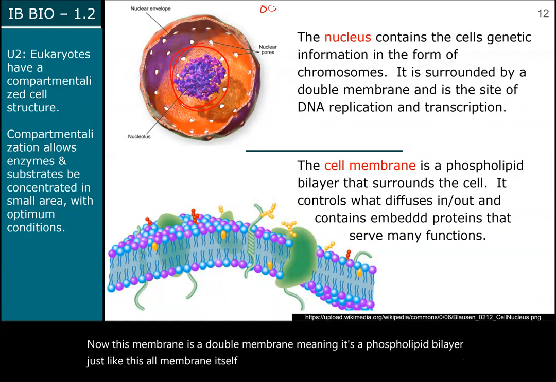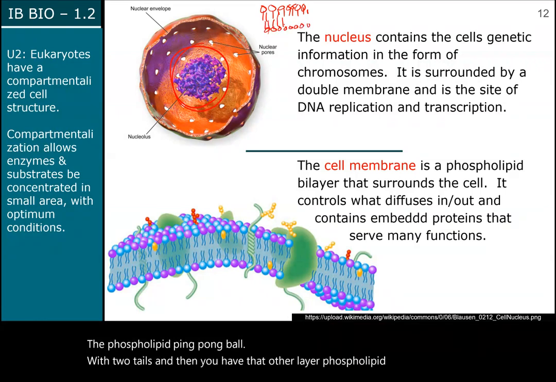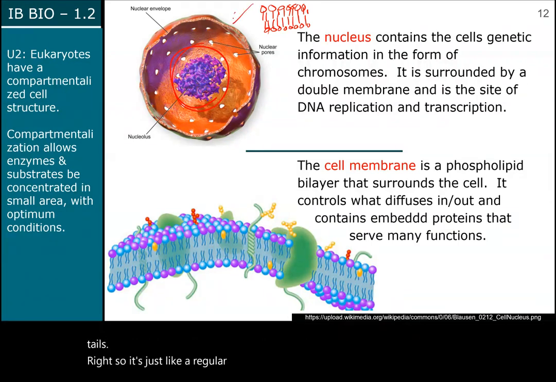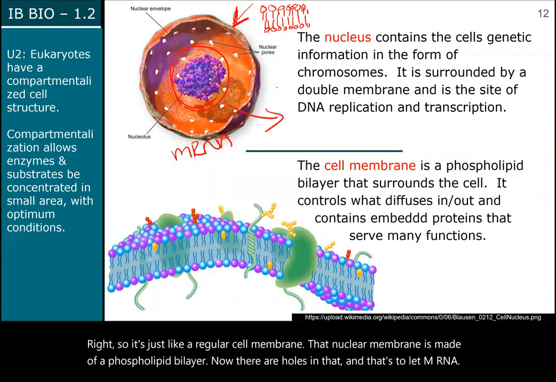So it's got the phospholipid ping pong ball with 2 tails, and then you have that other layer, phospholipid bilayer in the tails, right? So it's just like a regular cell membrane. That nuclear membrane is made of a phospholipid bilayer. Now, there are holes in that, and that's to let mRNA pass in and out.